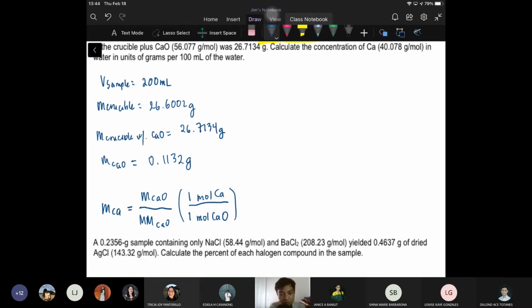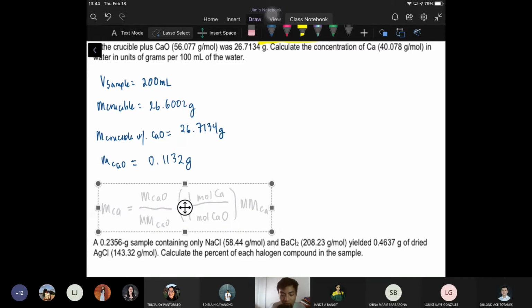Right? Their ratio is just 1:1. So after multiplying these two, you will get the moles of calcium already. And to convert that into mass, you have to multiply it by the molar mass of calcium. So we're almost done. What I told you, gravimetry is really just stoichiometry. We're almost done. Let me just copy and paste.